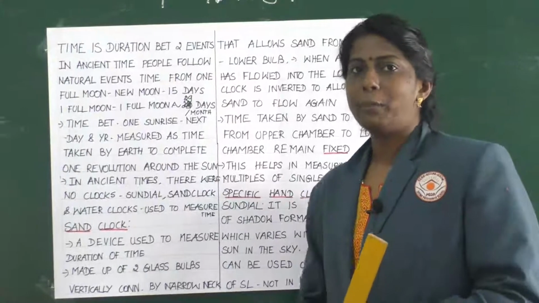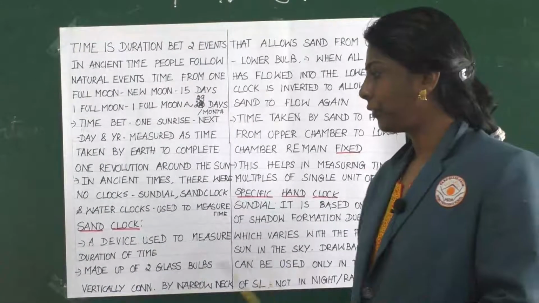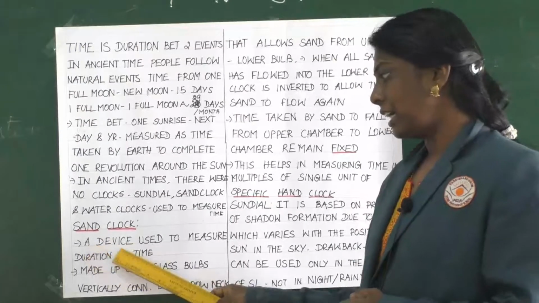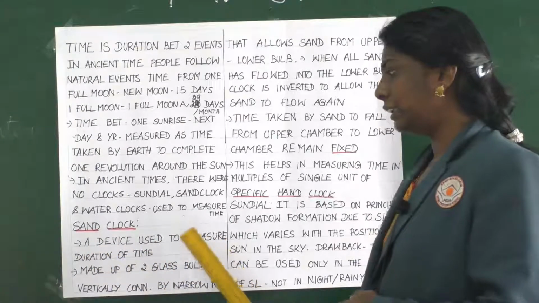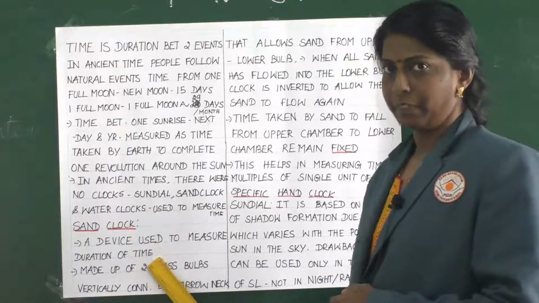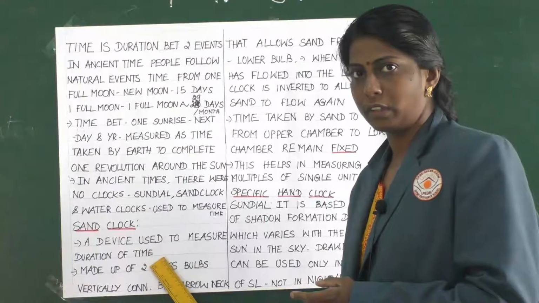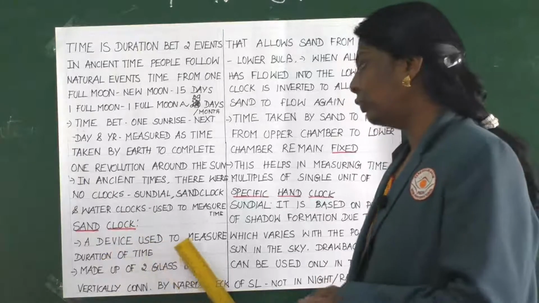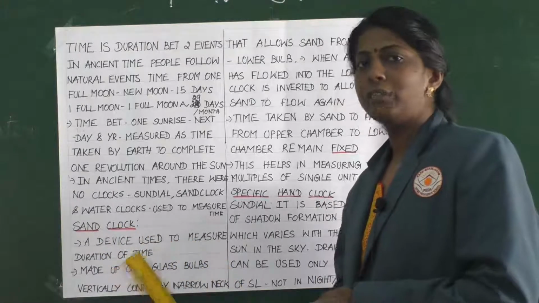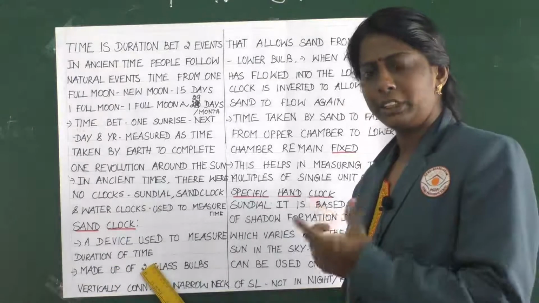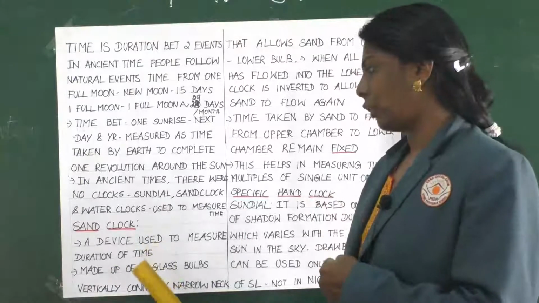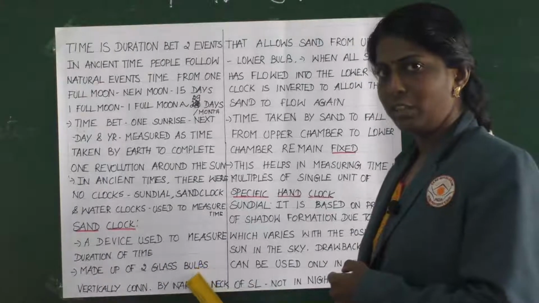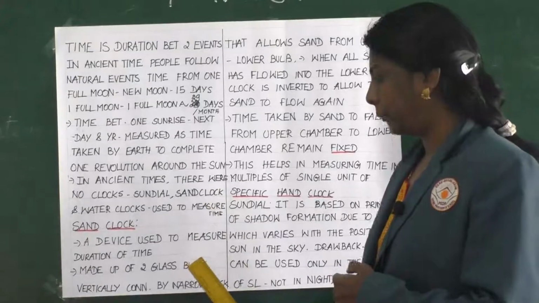Yes children, now about the same sand clock. So we saw the picture where there is a device which is used to measure the duration of time. You have seen the picture, sand clock, is it not? So what is this sand clock? It is a device used to measure the duration of time. How will we measure with that sand clock? It is made up of two glass bulbs. We saw that, is it not? Lower and upper.